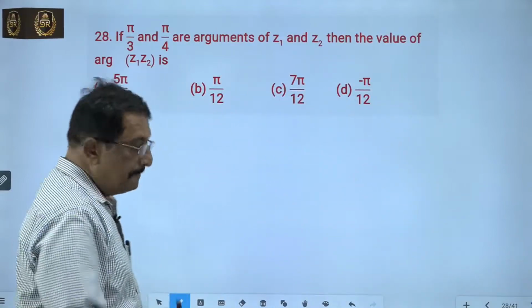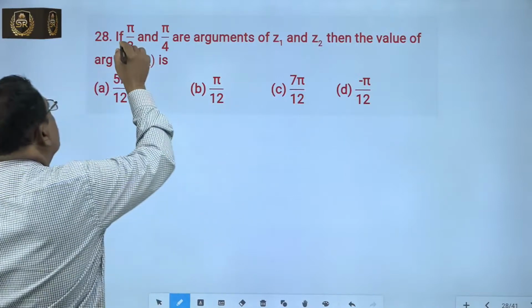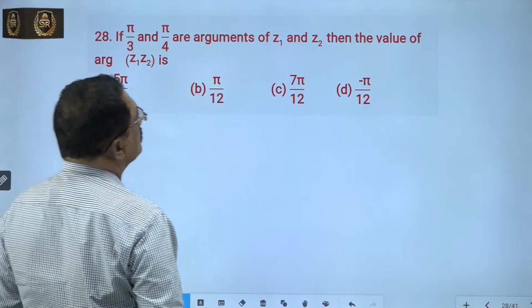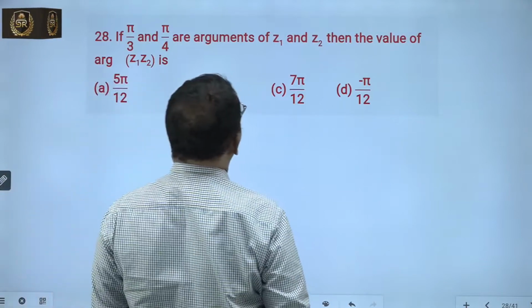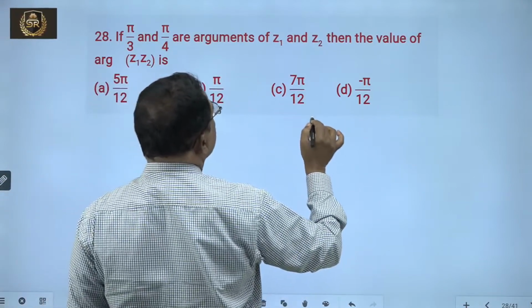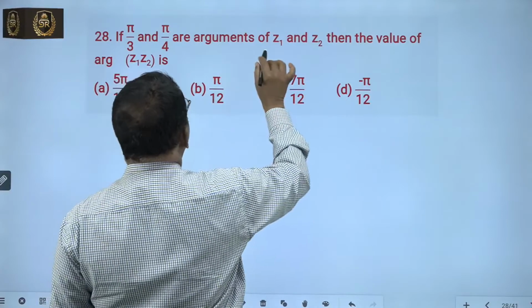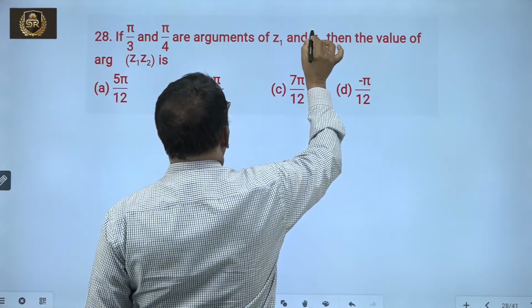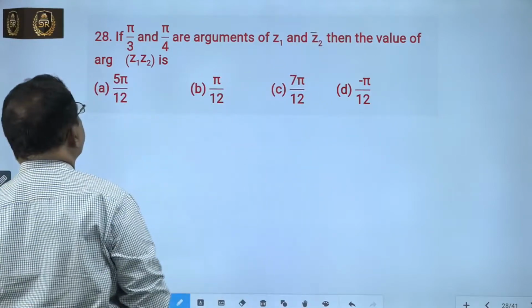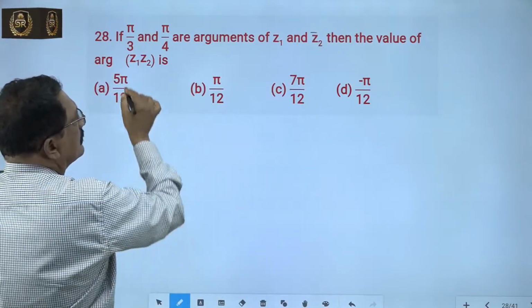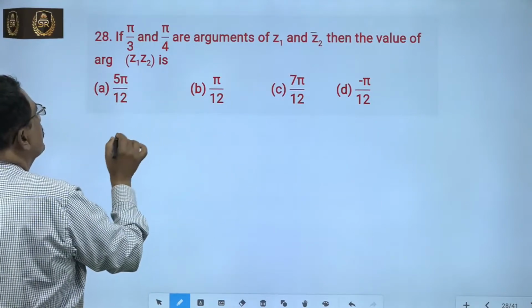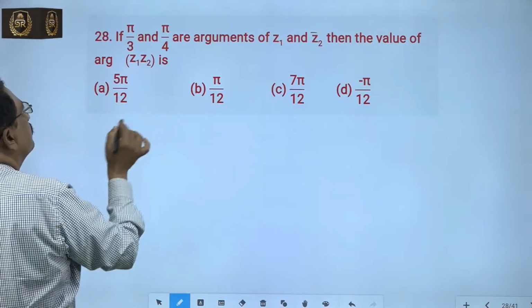Next, if pi by 3 and pi by 4 are arguments of z1 and, I think it is, z2 bar. Then the value of argument of z1 z2.